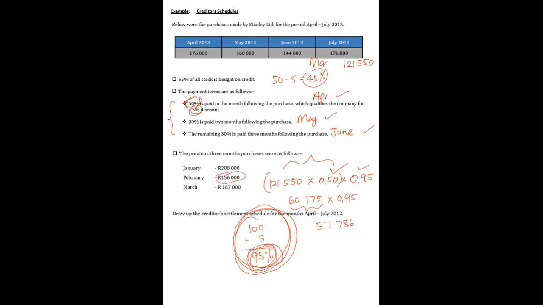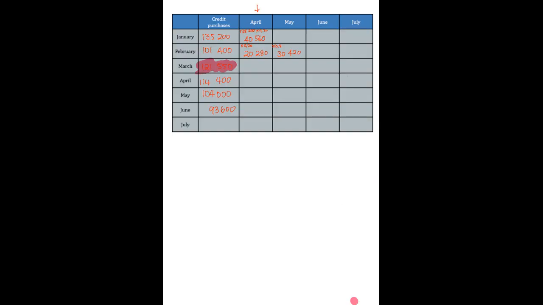So here for the month of April, it's going to be 121,550 times your 50% times 95%. So that's going to be 57,736.